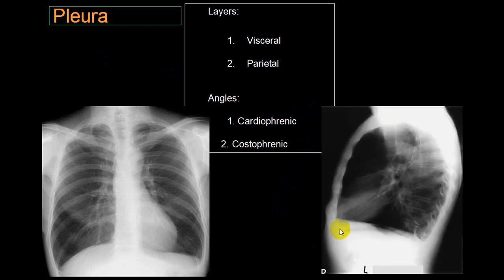This is the lateral view. In the lateral view, this will be the sternum, this will be the spine, this is the middle mediastinum, this is the anterior mediastinum, this is the superior, and this is the posterior mediastinum.